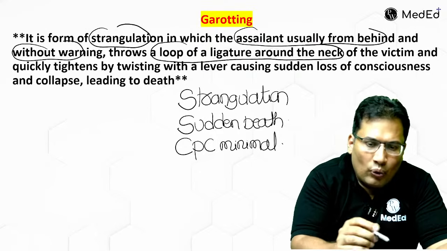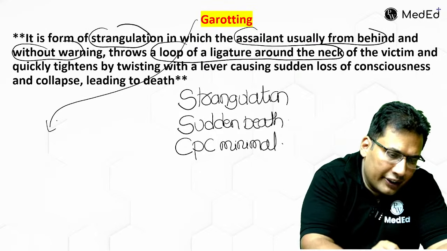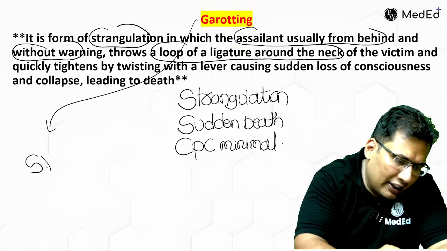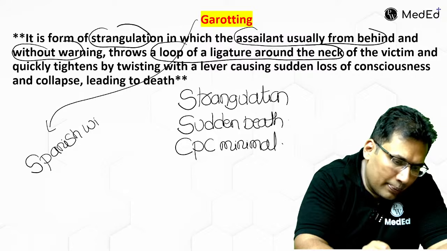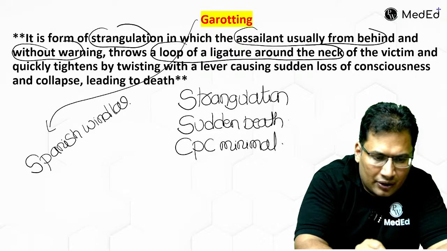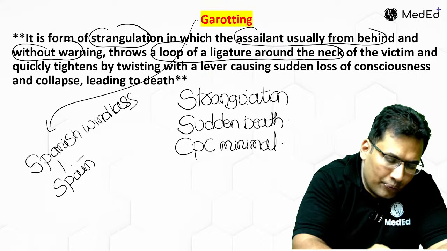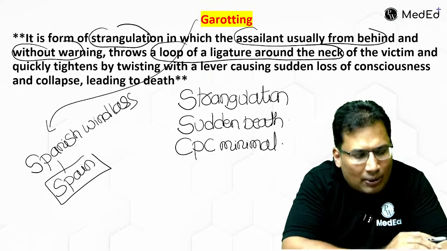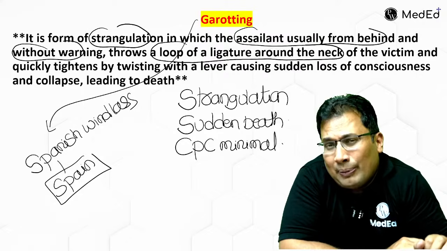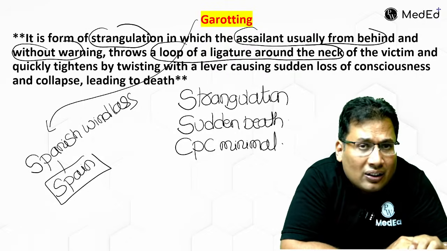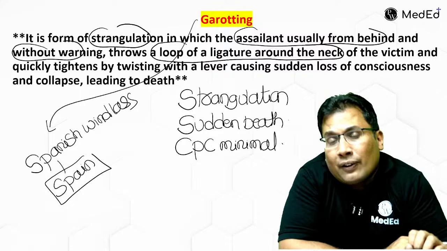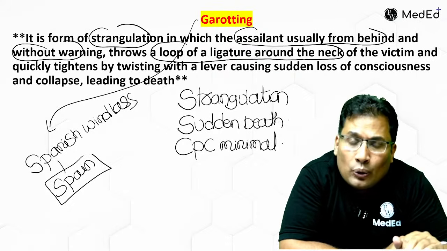One method of garroting is known as Spanish windlass. It is practiced in Spain. They place some iron or metallic ligature material around the neck and tighten it from behind, leading to the death of the person.